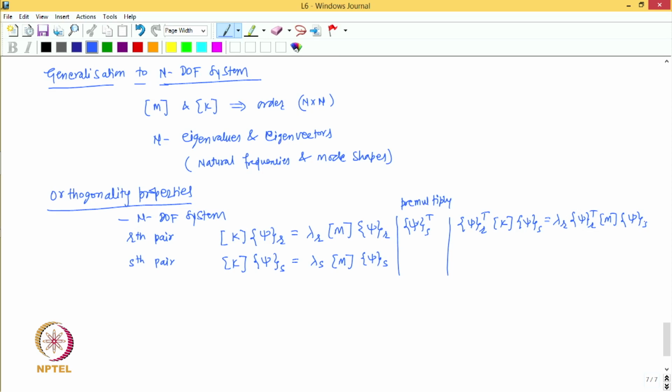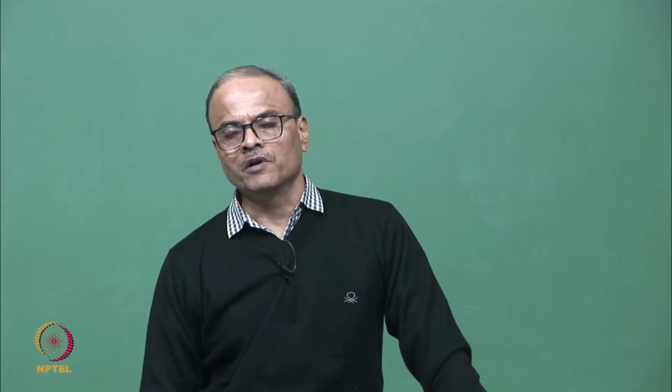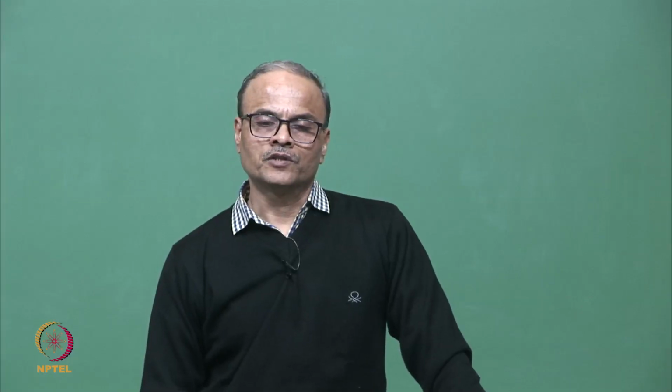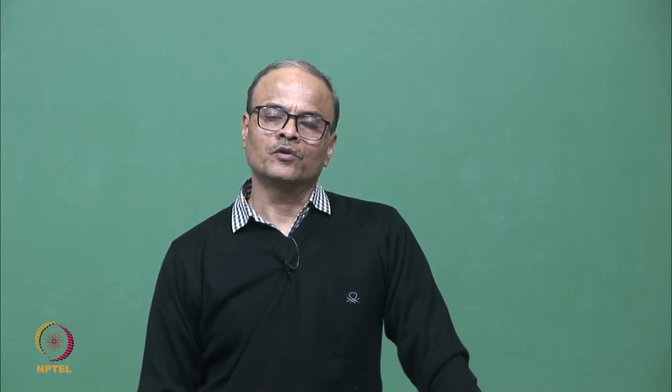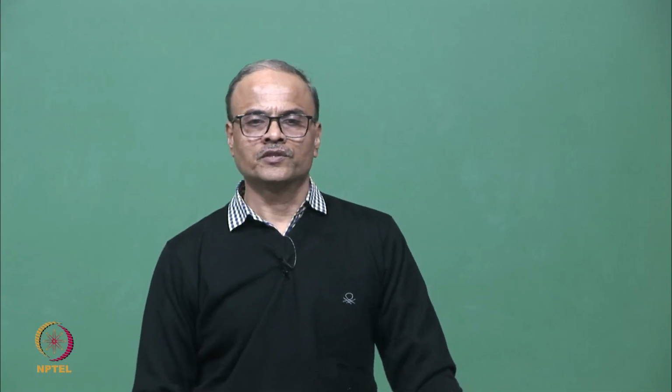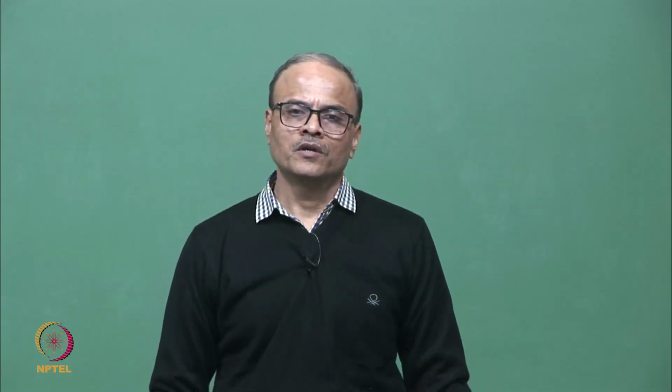This is obtained from the fact that the two matrices are symmetric, and we know the result from matrix algebra that the transpose of a product of two matrices is equal to the product of the transpose of the second matrix and the transpose of the first matrix.